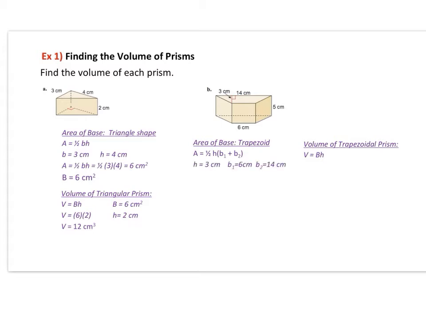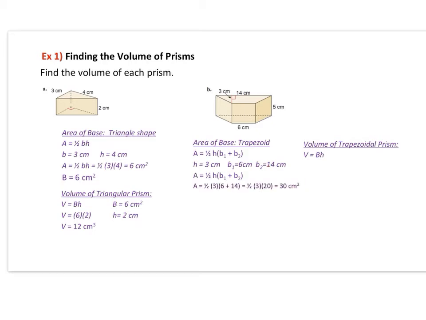So I identify all my parts. The height of the trapezoid only is 3, not to be confused with the trapezoidal prism's height, which is 5. That value will be used over in the volume formula for this h. This h is for the base only. So h here is 3 centimeters, b1 is 6 centimeters, and b2 is 14 centimeters.